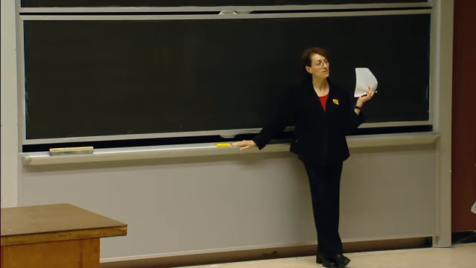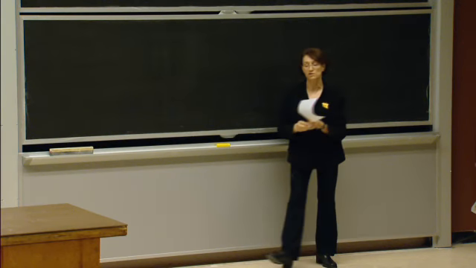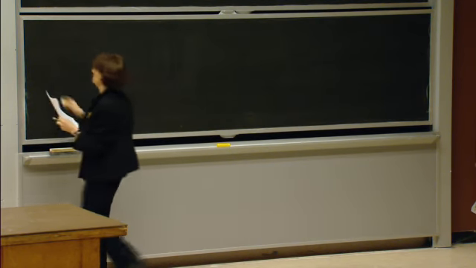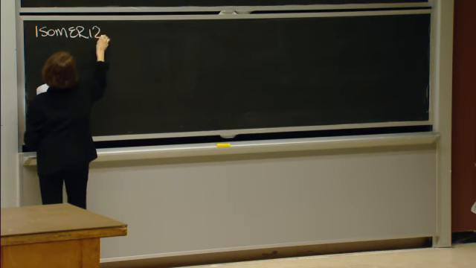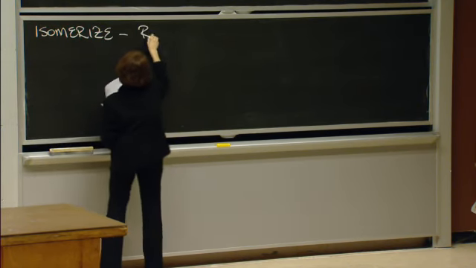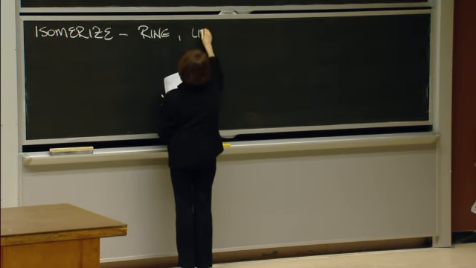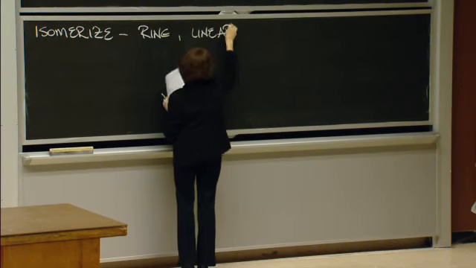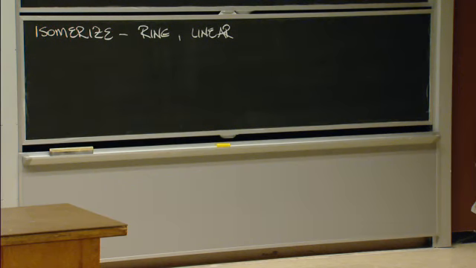Carbohydrates can isomerize. That means the same chemical formula can change its shape, can change the organization of its atoms, and can isomerize between the ring and a linear structure. And carbohydrates can also be modified.